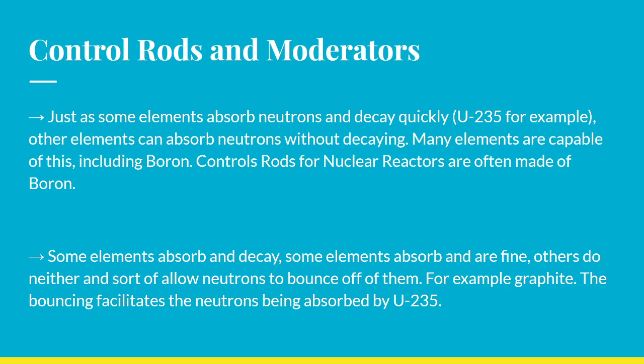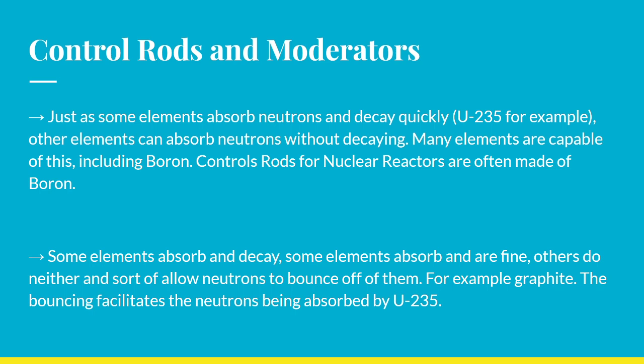not being absorbed. In both the things we talked about before, boron absorbs it, uranium absorbs it. Some elements don't absorb it at all. It gets close and they let it bounce off. And when it does that, it slows down the neutron itself.